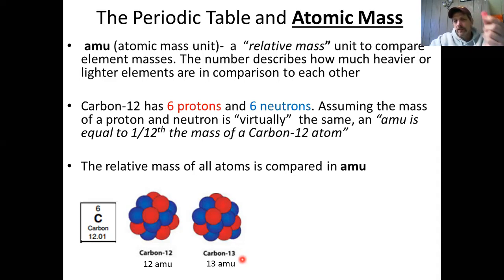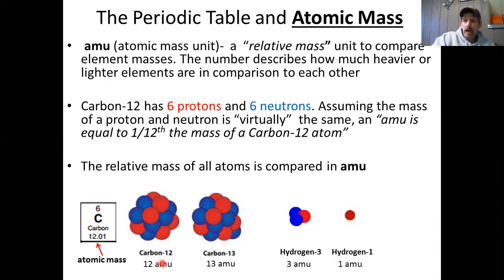That means that a random atom of carbon chosen at random ought to have a mass really close to 12 rather than 13, because in terms of percentage, a very great percentage of them are carbon-12, a very low percentage of them are carbon-13. So we call that the abundance data sometimes. So the atomic mass is closer to 12 because it's more abundant than carbon-13.